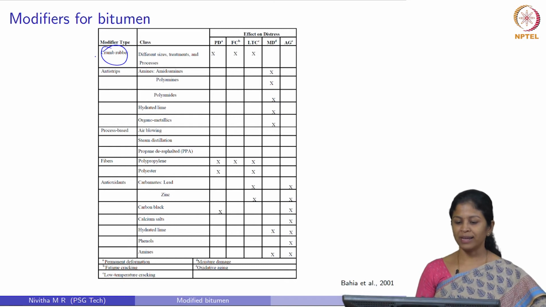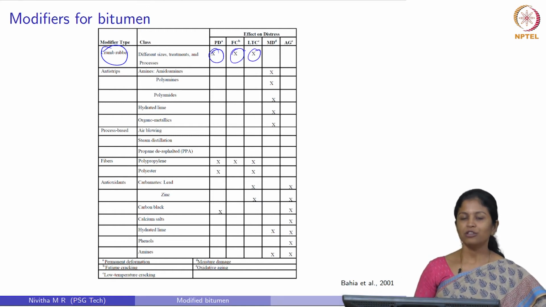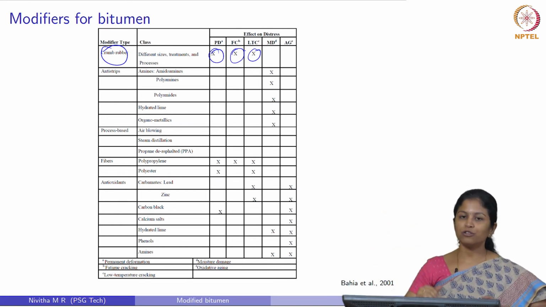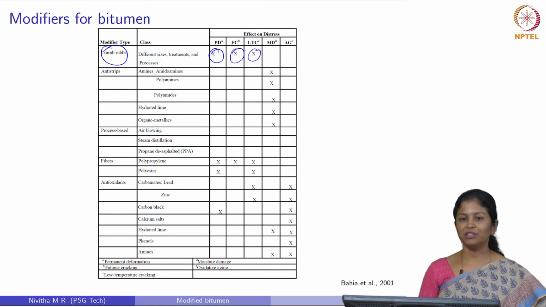So, they found that the addition of crumb rubber had a positive effect on permanent deformation, fatigue cracking and low temperature cracking. So, again like the elastomers, it also was seen to improve the high temperature stiffness and also reduce the low temperature stiffness. So, because of the positive effect, the crumb rubber modified bitumen became one of the popular means to dispose of the waste tires.